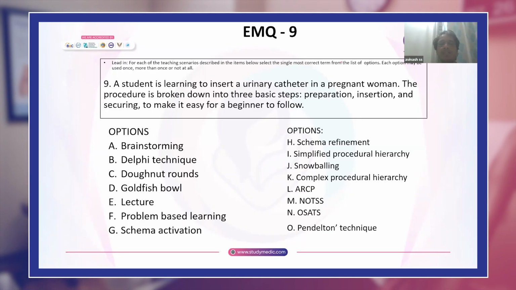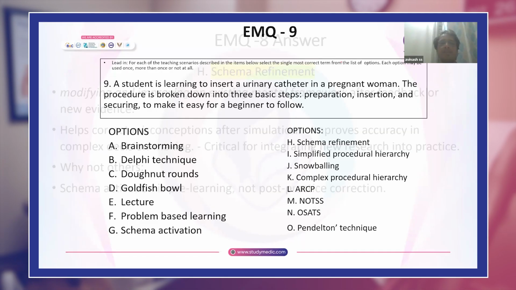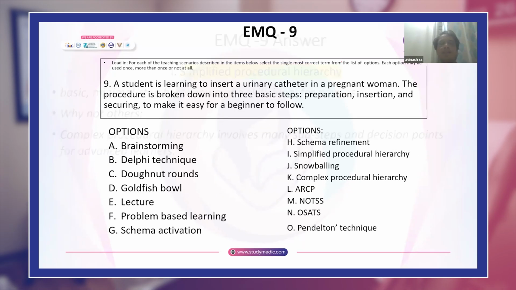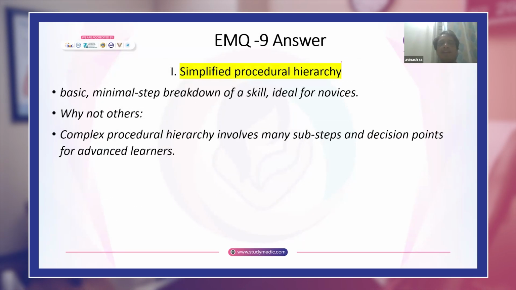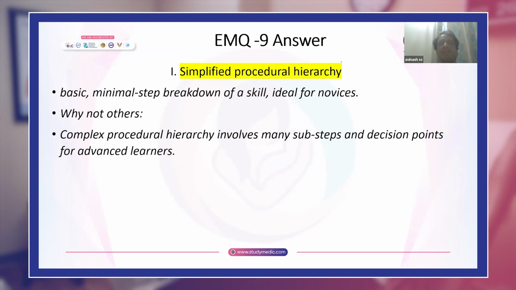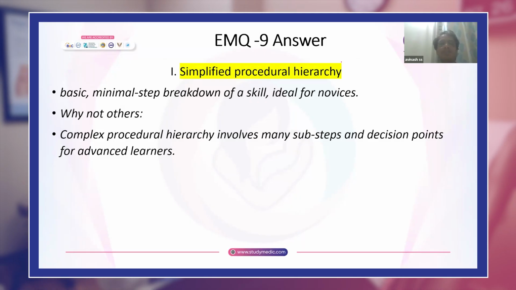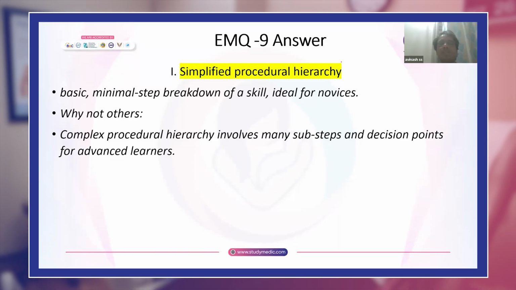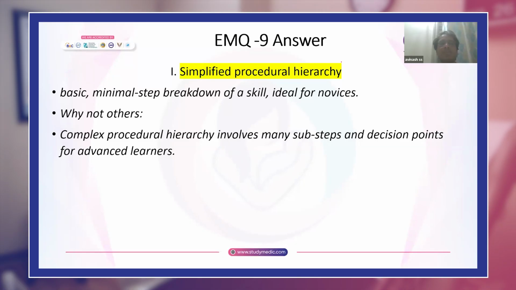There is not much explanation given here, only observation and some very minimal feedback. So this is called simplified procedural hierarchy. That means it's a very basic, minimal step breakdown of a skill, and it is ideal for novices. Why not complex? Because complex procedural hierarchy involves many sub-steps and decision points for advanced learners.